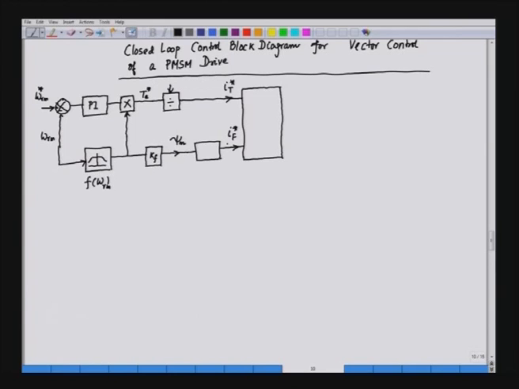So, we have a magnitude and angle resolver. With this, we convert the torque and the flux component into a magnitude and a phase angle, and the magnitude here will be the magnitude of the stator current, that is I s.